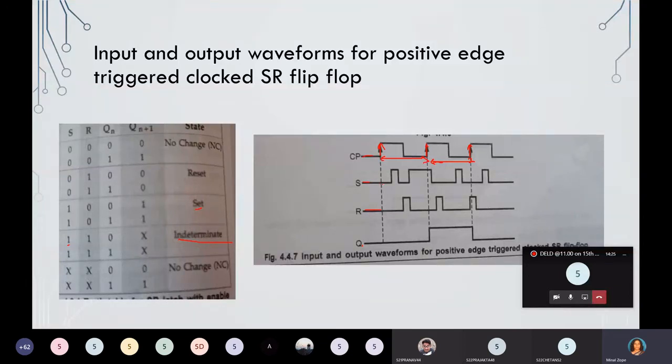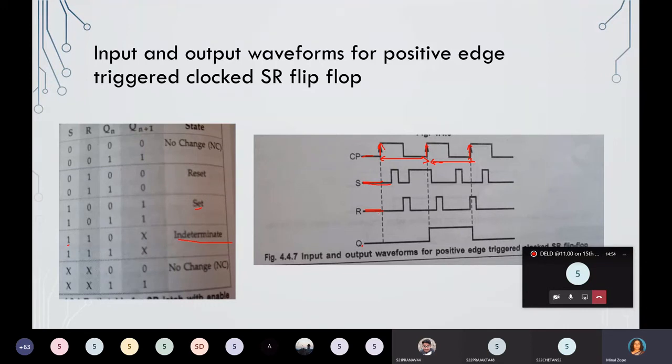Now consider here S equal to 0 at the beginning of the flip-flop, the previous state. So this is the present state of S and this is the present state of R, means this is 0 0. Now when the clock pulse edge is triggered from 0 to 1, my next state will be activated.